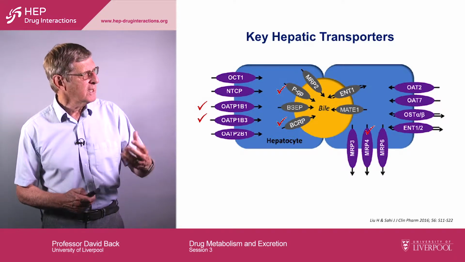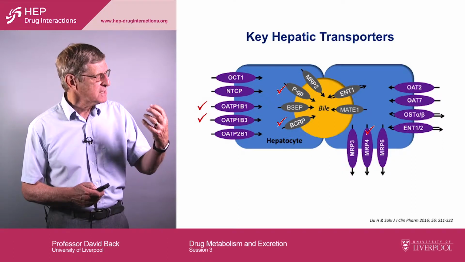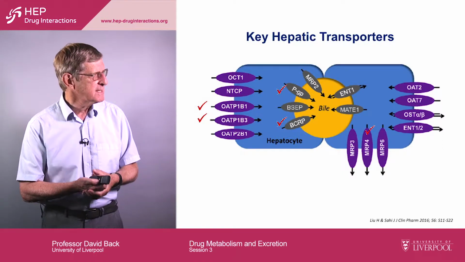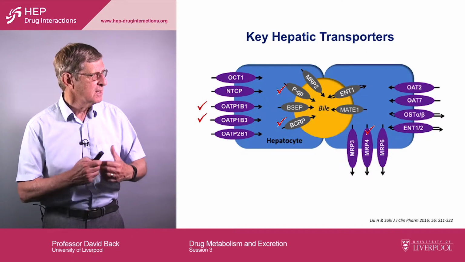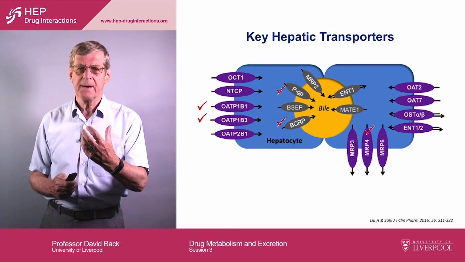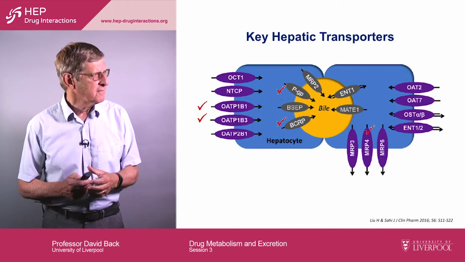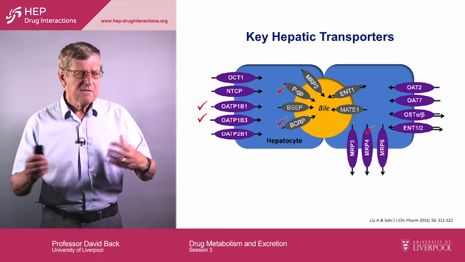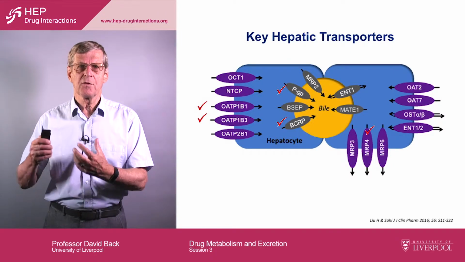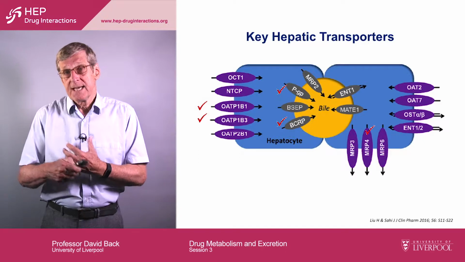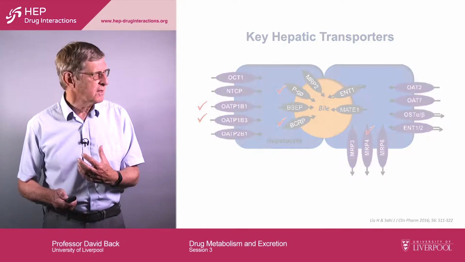And then looking into the excretion, the tick boxes there, P-gp and BCRP, P-glycoprotein and breast cancer resistance protein, can push the drug from the hepatocyte into the biliary tree and then out of the liver in that way. So we have multiple different transporters which we have to consider in terms of the way that drugs are taken up and then the way that drugs are taken out of the liver.